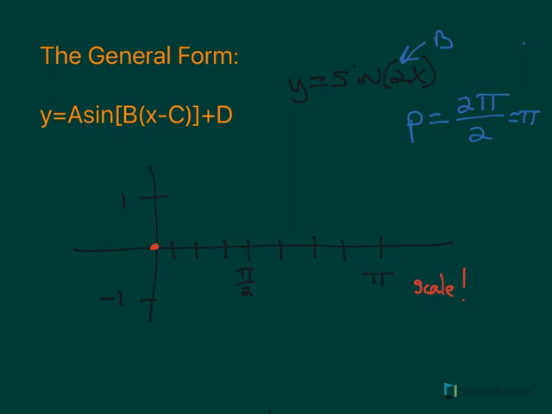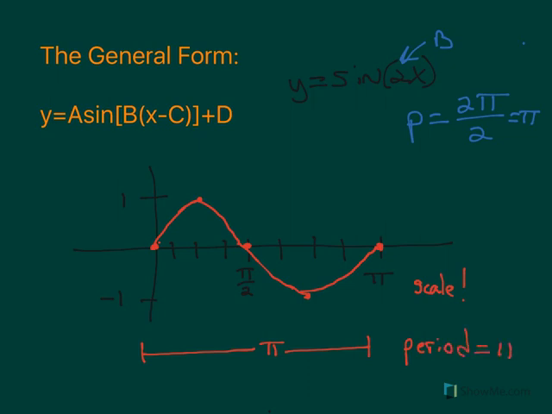So 0, 0, 1, pi over 2, 3/4 pi, and pi. So that's going to be our sine wave with a period change. The period from here to here, one cycle, is going to be pi. So that's going to be your period of pi.